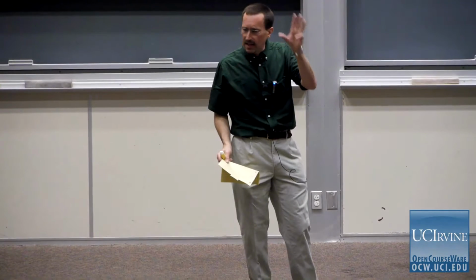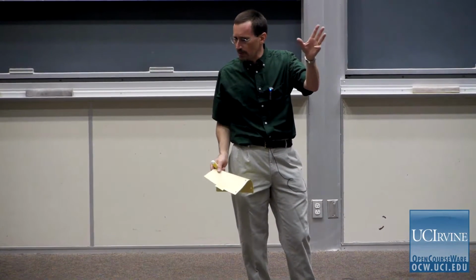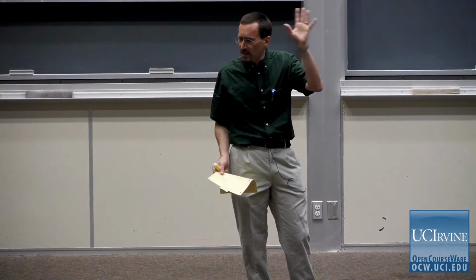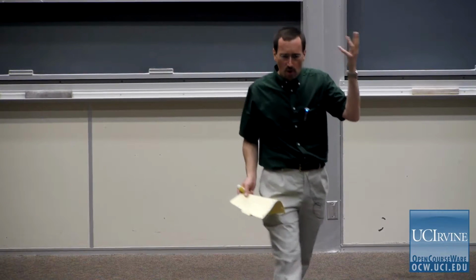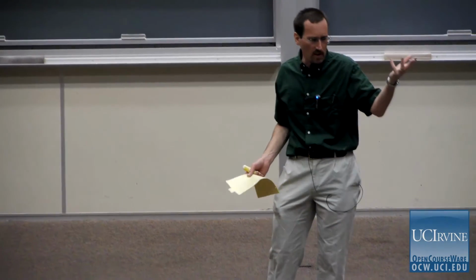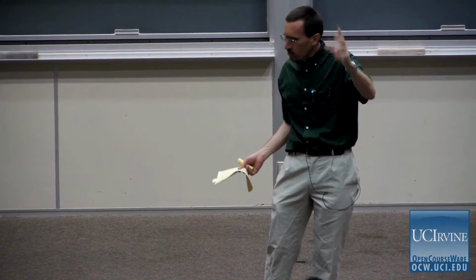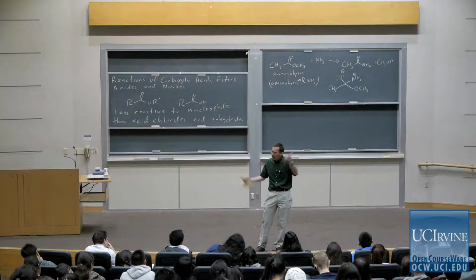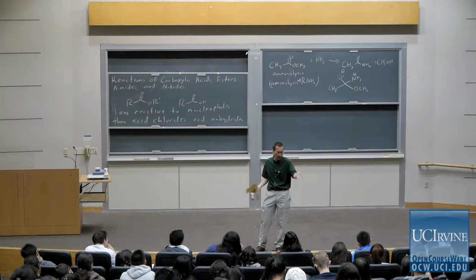A carboxylic acid has an acidic proton. Whereas the first thing that happens when you mix an ester with ammonia is that the ammonia attacks the carbonyl. It's not a fast reaction. It'll occur over hours of time.